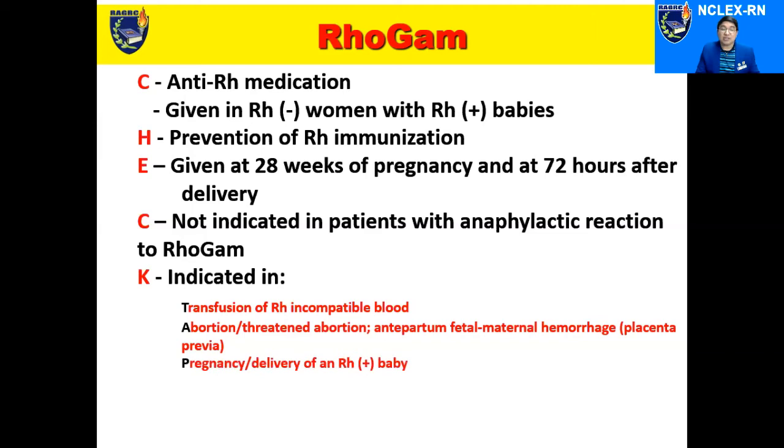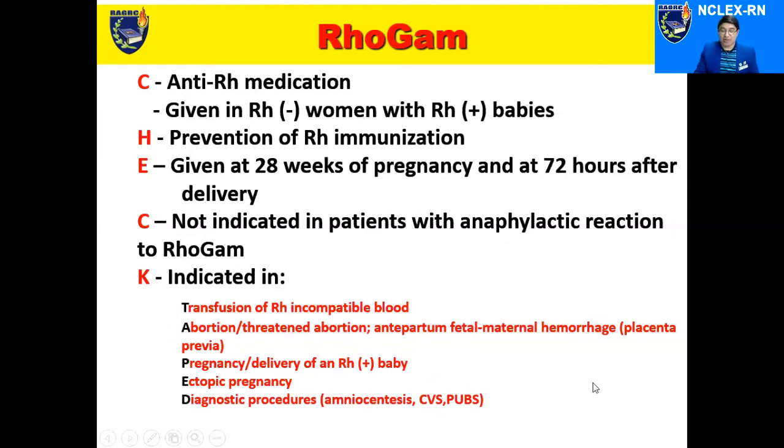Then pregnancy or delivery of an Rh positive baby, ectopic pregnancy, and it should also be given if the patient undergoes diagnostic procedures like amniocentesis, chorionic villi sampling, or percutaneous umbilical cord blood sampling where there is a chance that bleeding may occur. So remember the code here for the indications of Rhogam, TAPE.